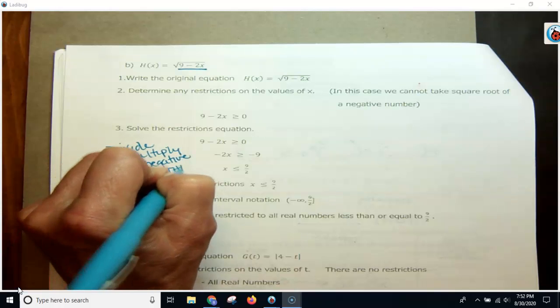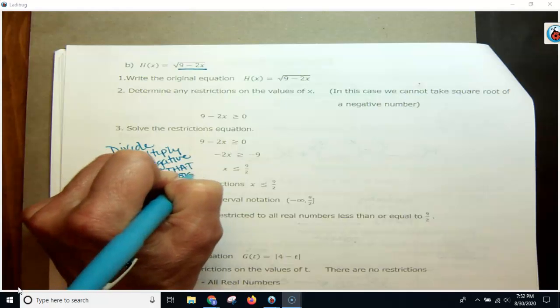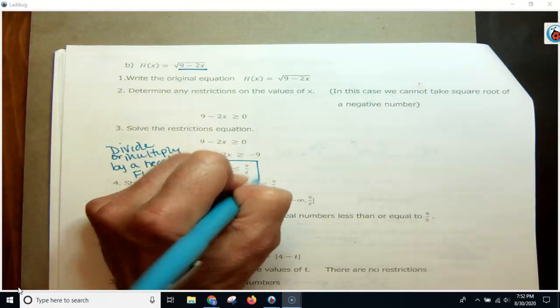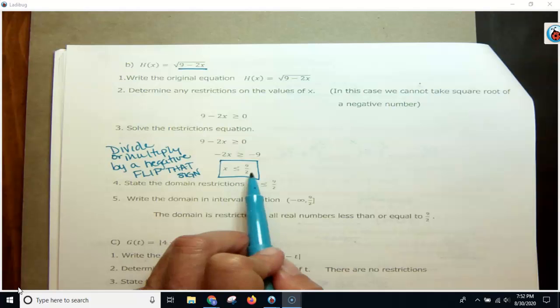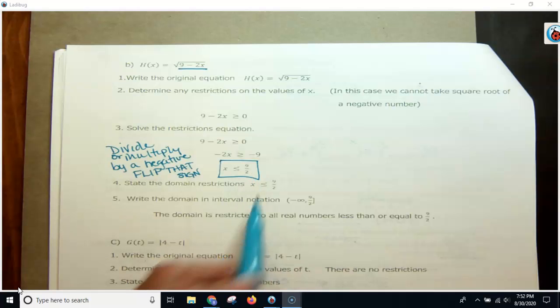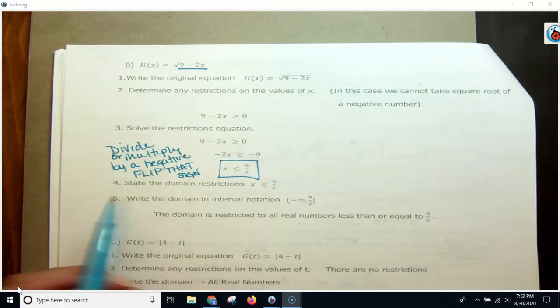Flip that sign. All right? And so there you go. These are your domain restrictions. x has to be less than or equal to 9/2. As long as x is less than or equal to 9/2, then you're good.